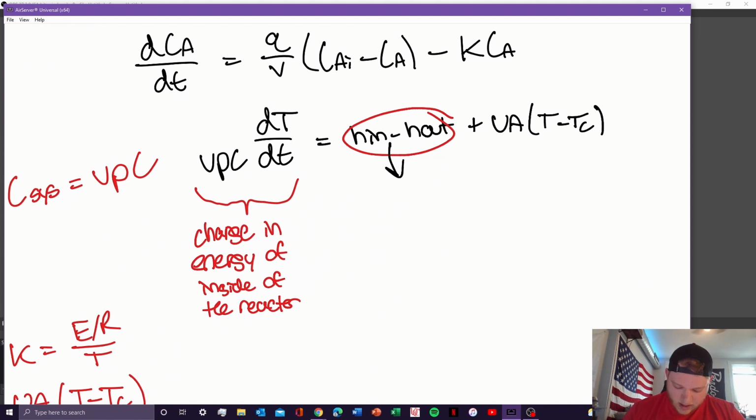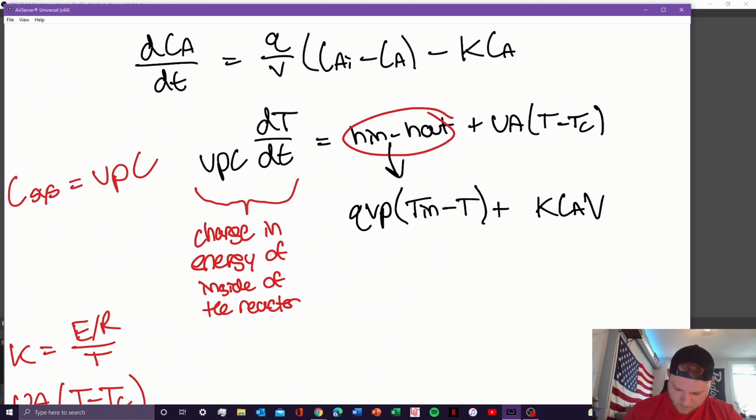We can simplify that down into Q, the flow rate times the volume times the density, is equal to the temperature inside minus the temperature going in minus the temperature inside of the tank, plus we're going to have, what was it, the rate of the reaction, yes, times Ca times the volume.